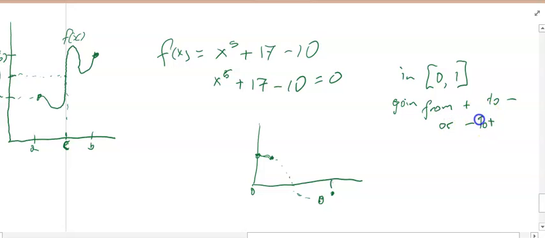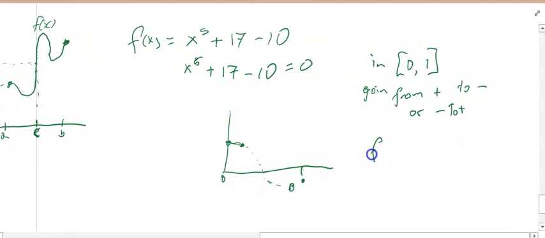Either way. So let us check f of 0. F of 0 is equal to 0 to the 5th power plus 17 times 0 minus 10.